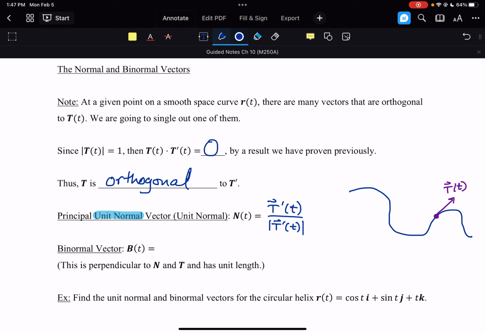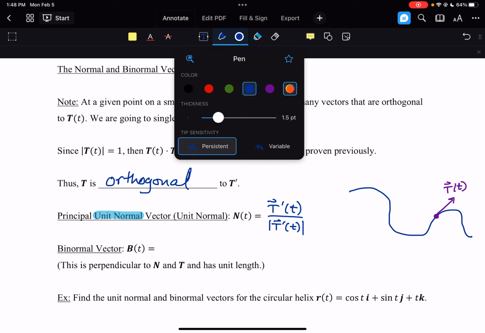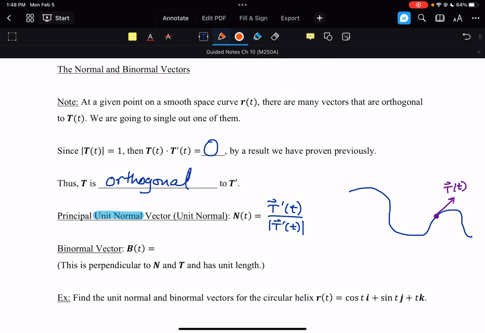So it's the derivative of the unit tangent, and it's a unit vector because we divide by its own length. This unit normal vector is orthogonal to T. It's going to be right about here.